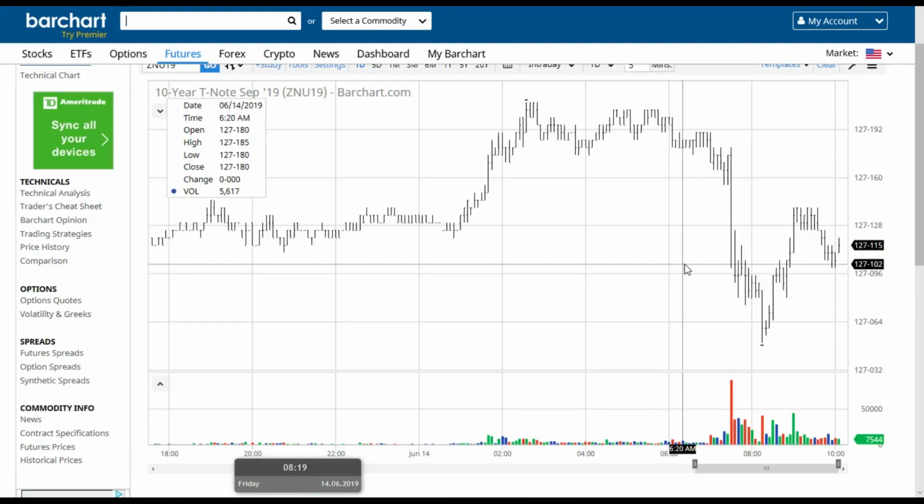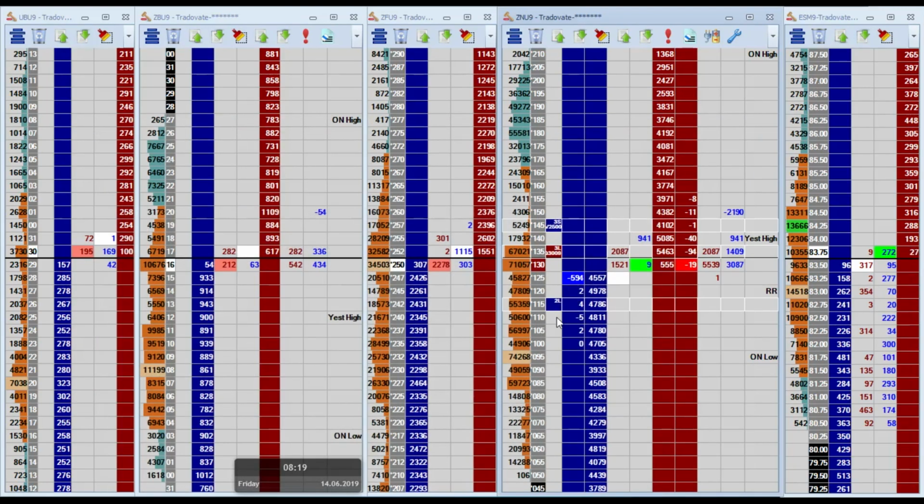Yeah, so it looks like we got down to about 10 even. So if we do get a push lower, we would expect it to get back down to that level, most likely.